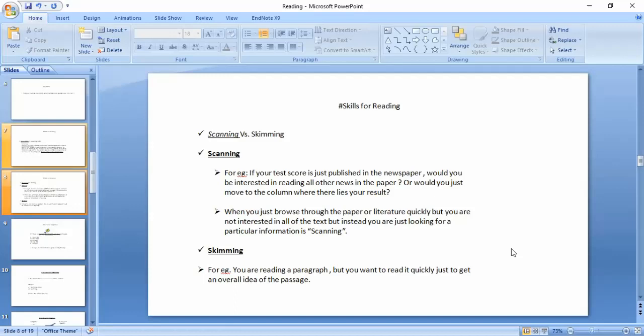That process is called scanning. Skimming, on the other hand, is used when you are reading a paragraph quickly just to get an overall idea of the passage.